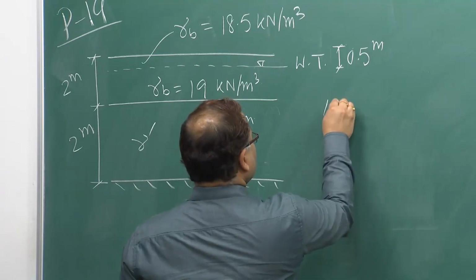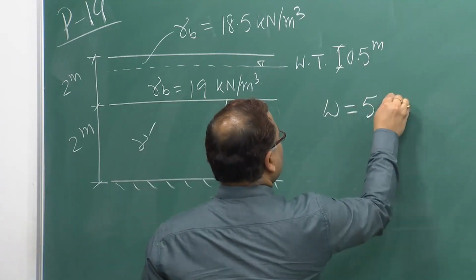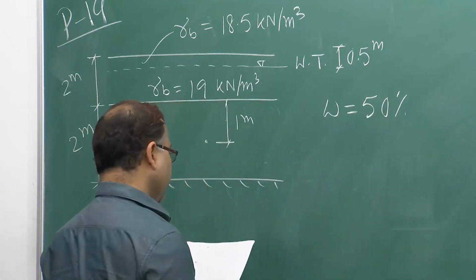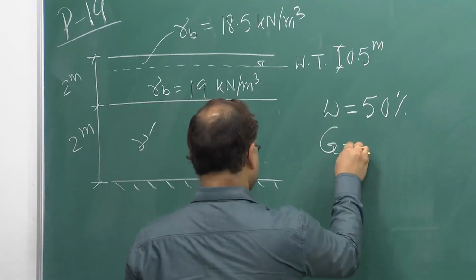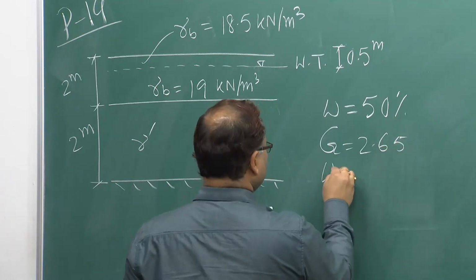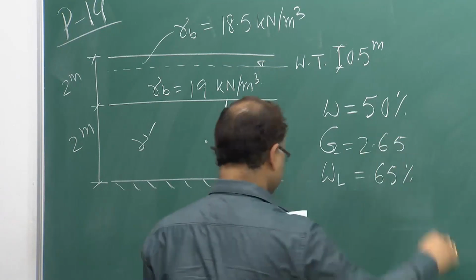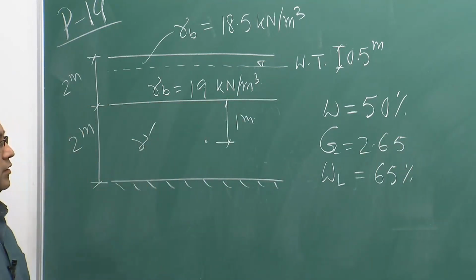It is given that water content is 50%, specific gravity is 2.65, and liquid limit is 65%. Okay. So, these are the things given.